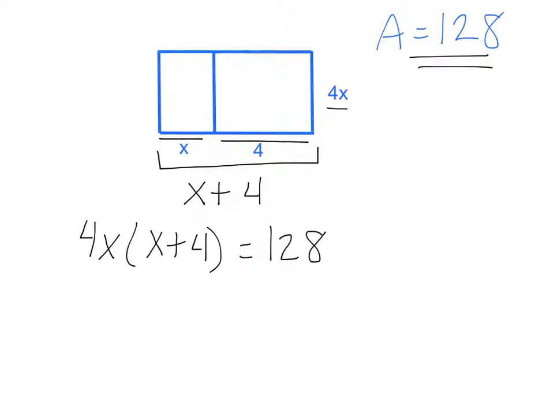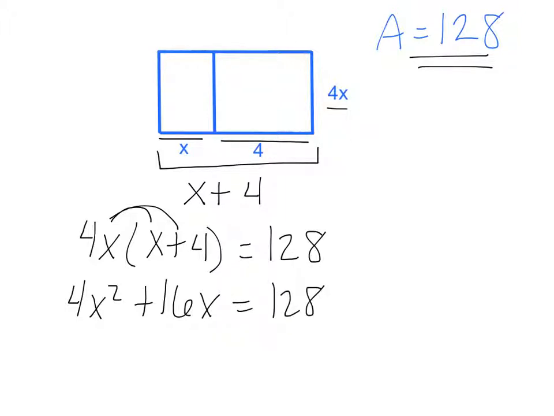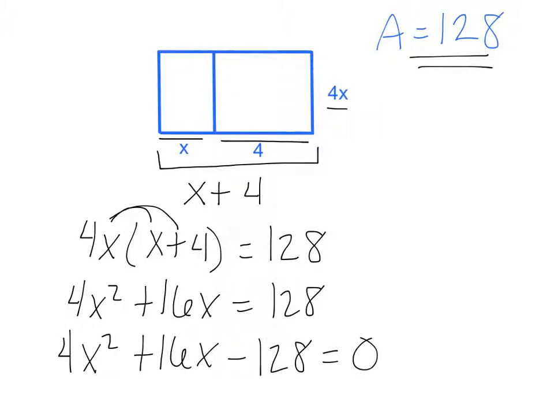We're going to solve just like normal. Just like our previous, we distribute because we have to get it equal to 0. So we have 4x squared plus 16x equals 128. Then I subtract 128, so I get 4x squared plus 16x minus 128 equals 0.